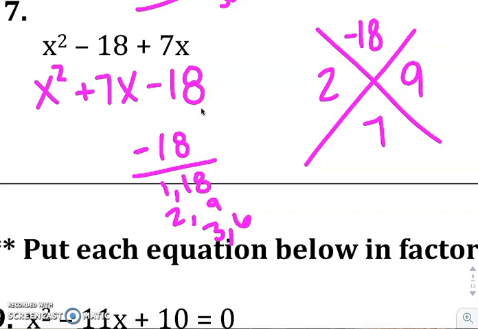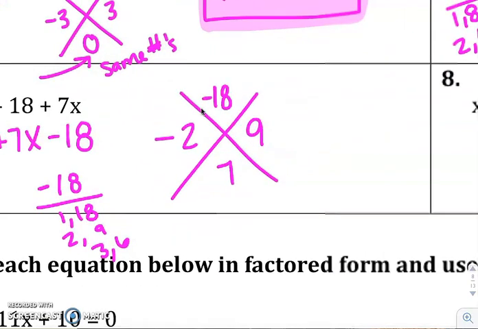Well, again, since it's positive, the larger number of those two needs to be the positive one. So we want the 9 to be positive, 2 to be negative. Negative 2 plus 9 gets you 7. Negative 2 times 9 gets you negative 18. So x minus 2, x plus 9.